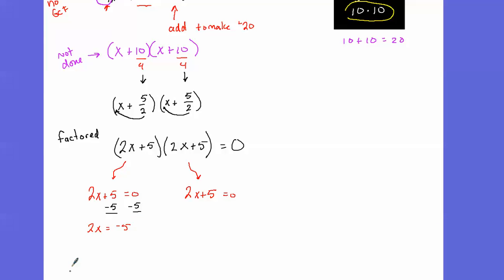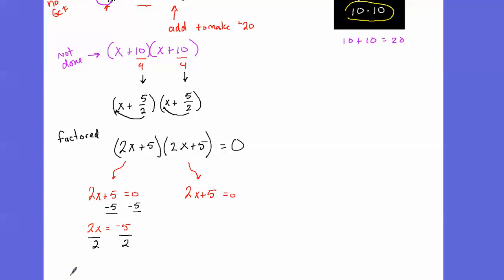Then, dividing by 2 on each side, I will be left with x equal to, I didn't even write that, there we are, that's right.